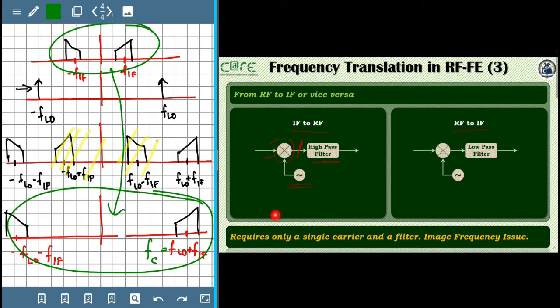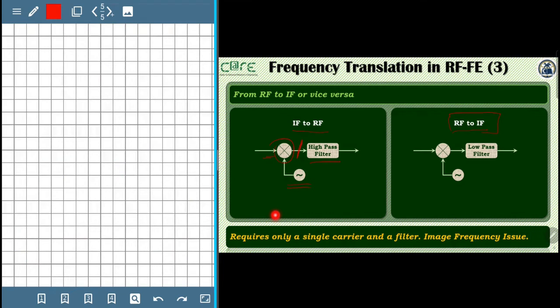Now if we take a look on the other side, we are doing conversion from RF to the IF. There exist basically two sub-cases in this conversion from RF to the IF, depending upon the frequency of the local oscillator.